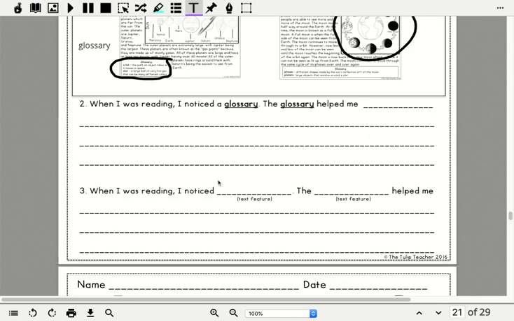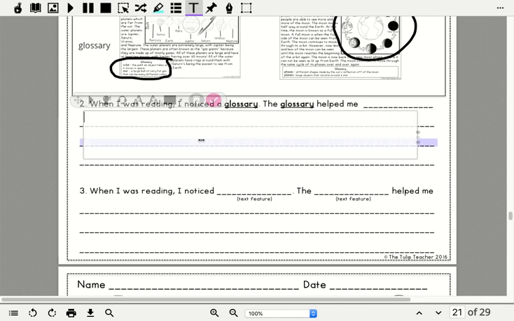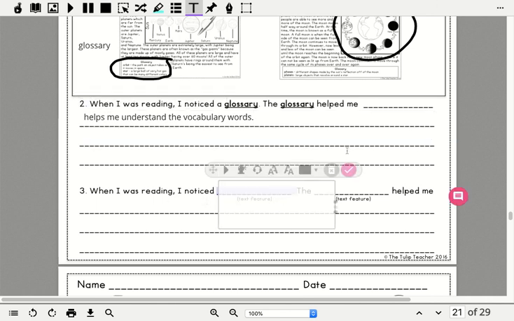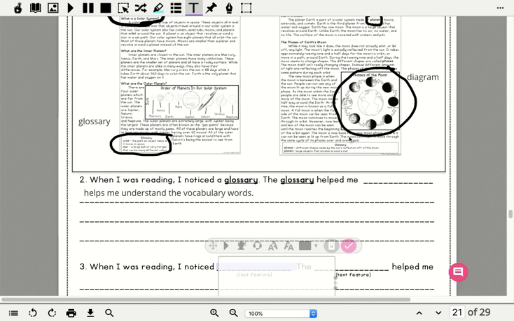So when I was reading, I noticed a glossary. The glossary, to me, what did the glossary help us? The glossary helps me understand the vocabulary words. Okay, when I was reading, I noticed blank. So now I need to choose something from up here.